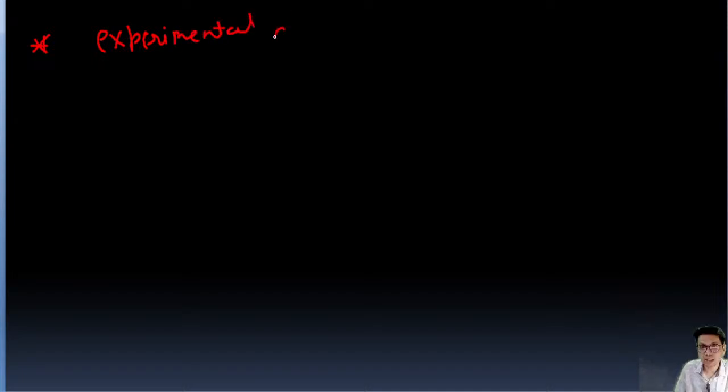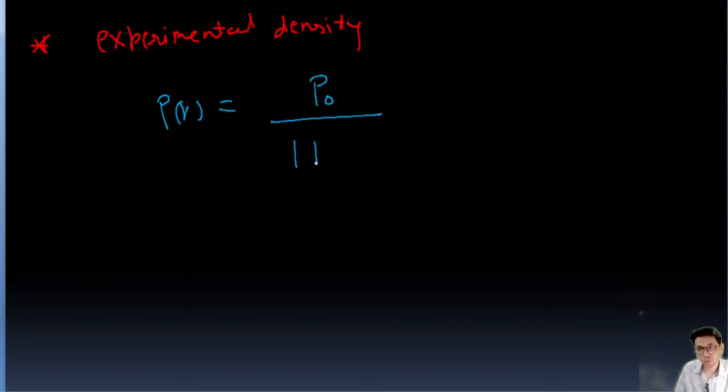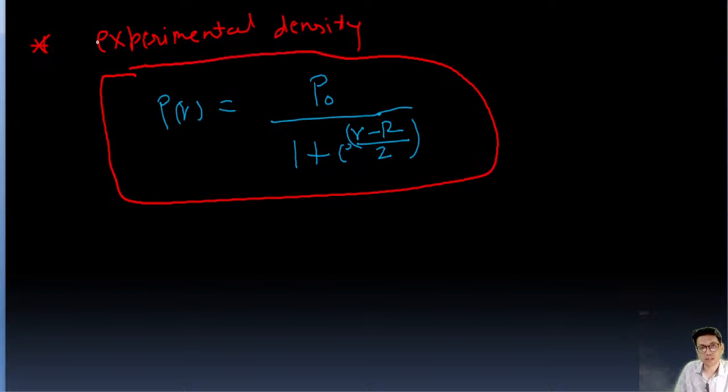Experimental density rho r is equal to rho naught upon 1 plus e to the power r minus capital R upon z. Very important. This is the experimentally found density of nucleus. Okay, so rho naught upon 1 plus e to the power r minus capital R upon z.